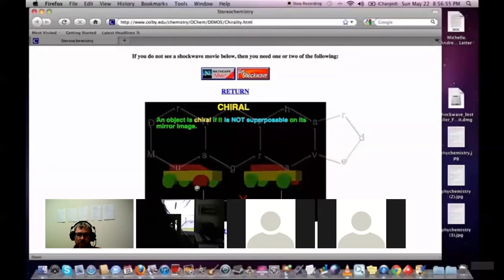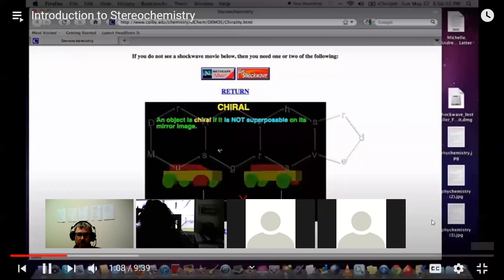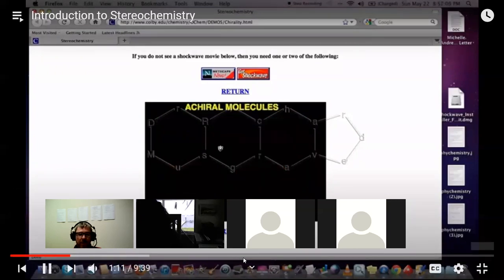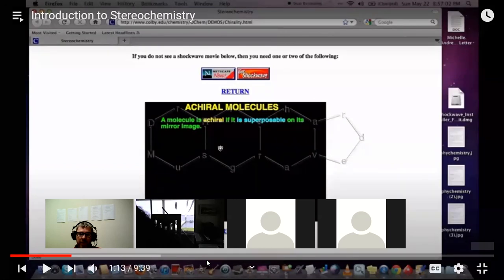This car would be chiral. The point I'm trying to make is that if you've got something that's symmetric, then it's going to have a superimposable mirror image. But if you've got something that's not symmetric, then it's not going to have a superimposable mirror image.